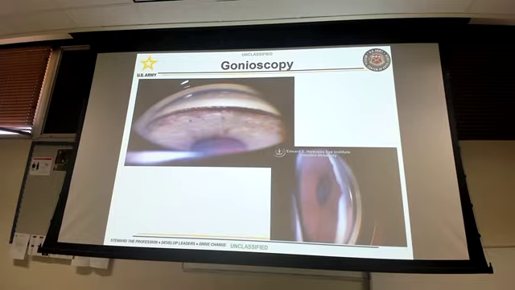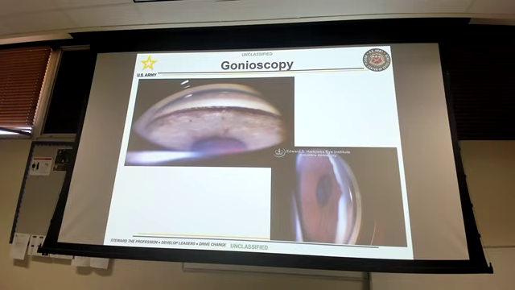So that upper left is a picture of a normal open angle. You can see all the way down to the ciliary body band, so a lot of pigmentation right here. So this is an open angle. And then as you rotate that lens, you can see different quadrants of that angle.